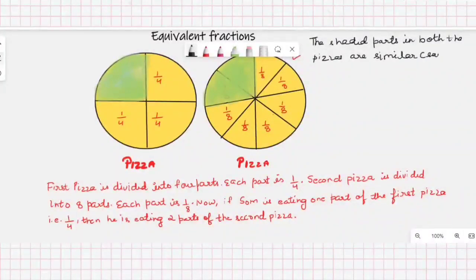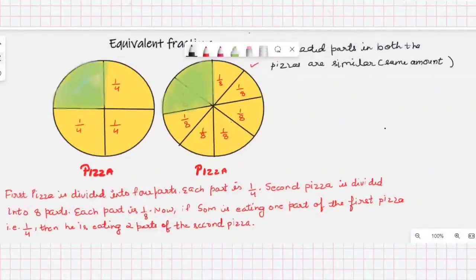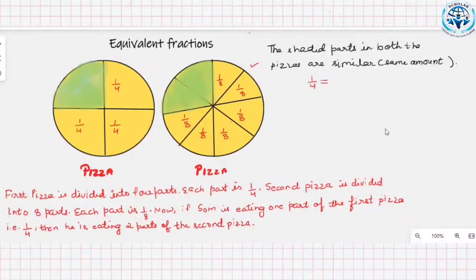So, we can write them as 1 by 4 is equivalent to 2 by 8. Therefore, 1 by 4 and 2 by 8 are equivalent fractions.